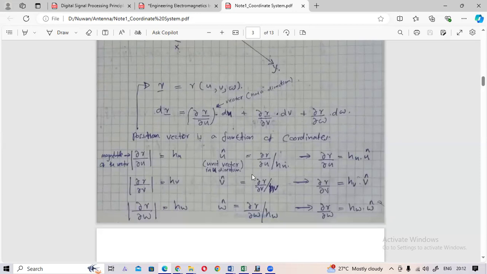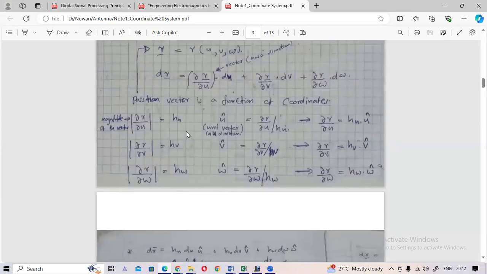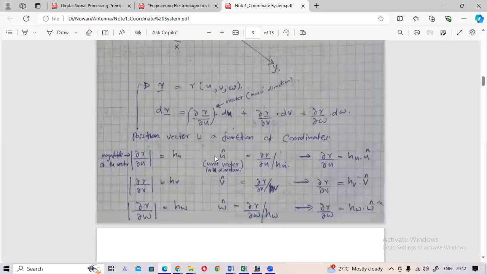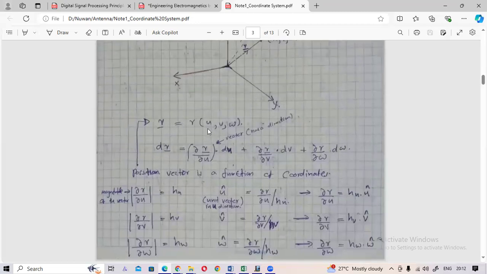This is the general solution for the position vector in the UVW plane.